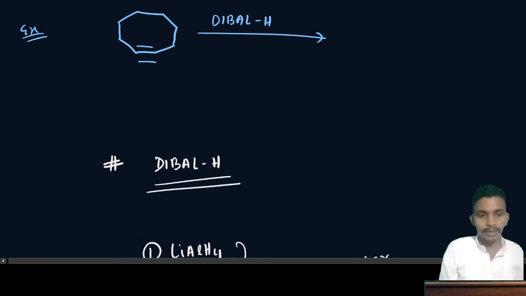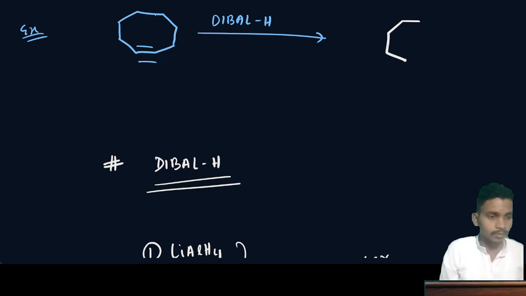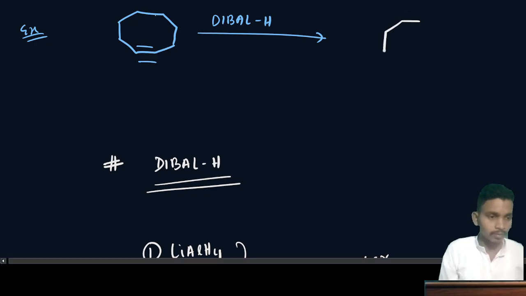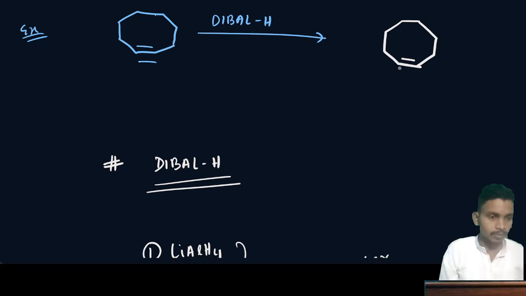Now the same thing, if you give it here, you will also get the trans alkene. Here there will be H, here also H, and we will get the cis alkene.